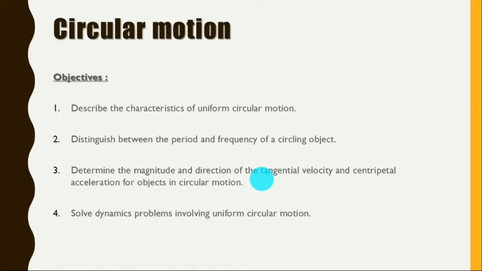What we're going to talk about in this chapter: we will describe the characteristics of uniform circular motion, distinguish between period and frequency, determine the magnitude and direction of tangential velocity and centripetal acceleration for objects. The last thing we're going to do is to solve dynamics problems involving uniform circular motion.